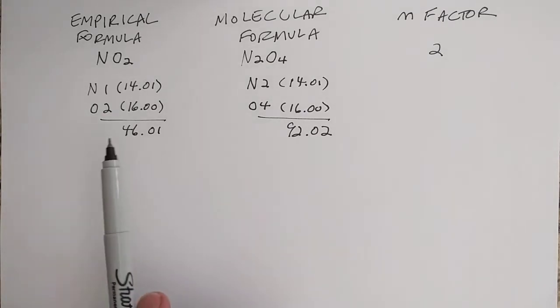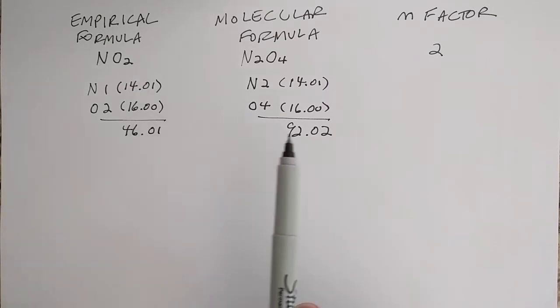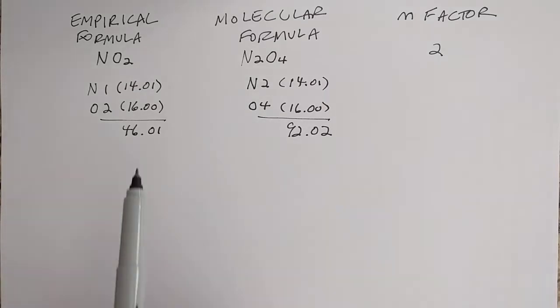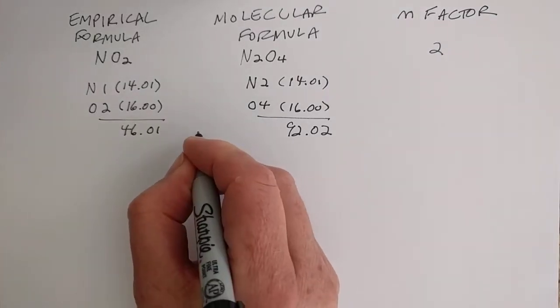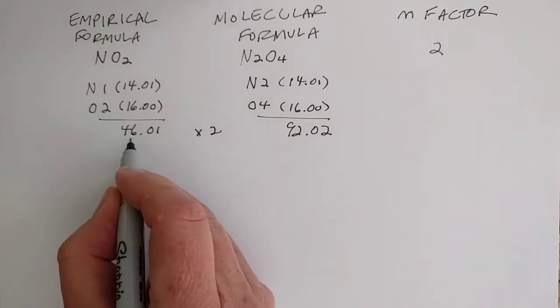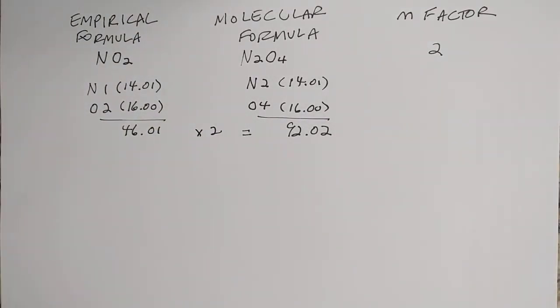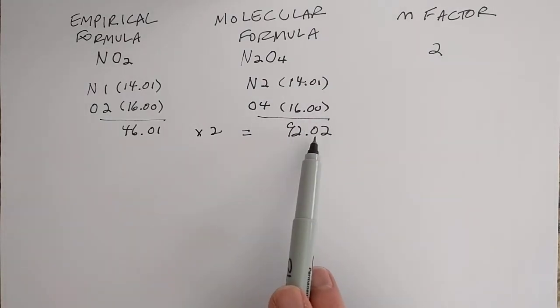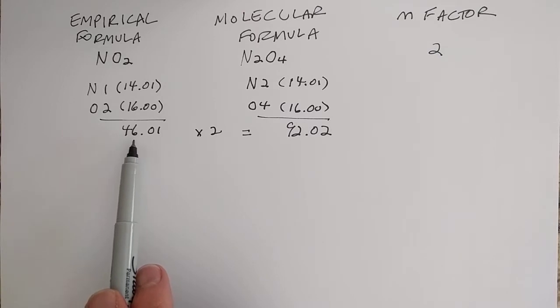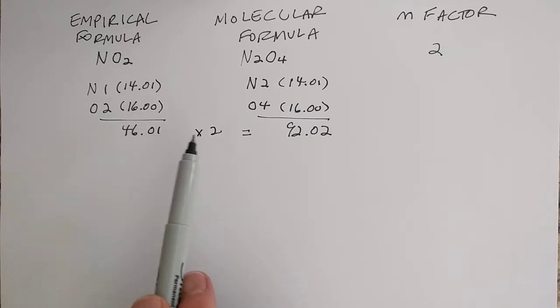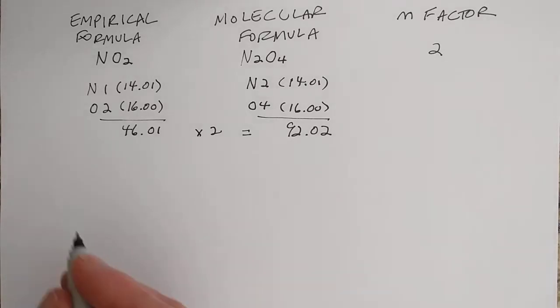So if we look at our empirical formula mass and the molecular formula mass, to get from here to here, we just multiply by 2. 46.01 times 2 equals 92.02. So the formula mass of the molecular formula divided by the formula mass of the empirical formula gives us that N factor. So we can write a formula for that.